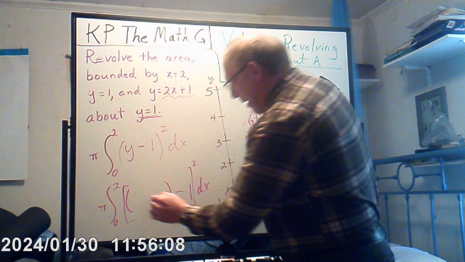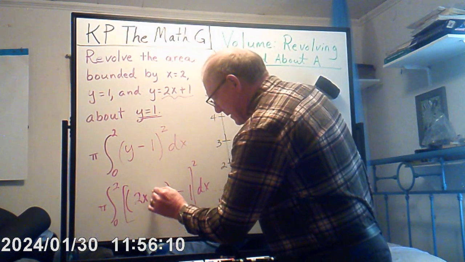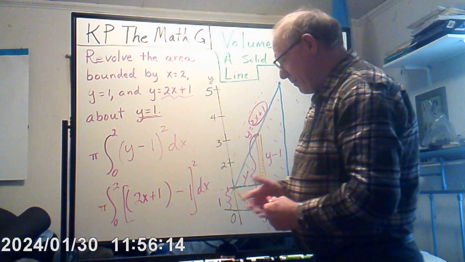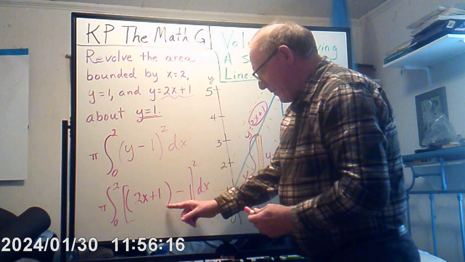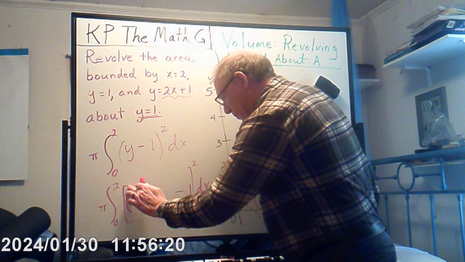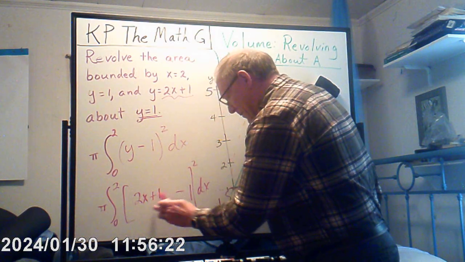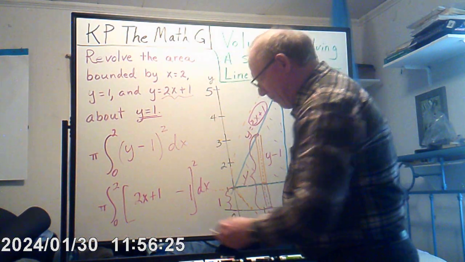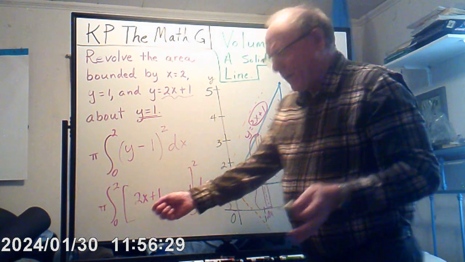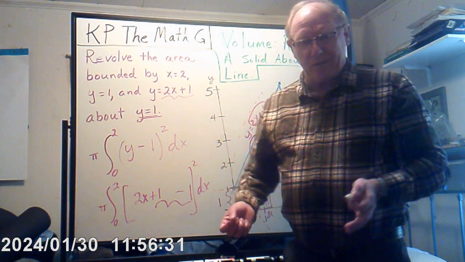So y is 2x plus 1. If I remove this parentheses, what do I have? 2x plus 1 minus 1. So I've got 1 minus 1 right here, which really now is what? Yeah, 2x.